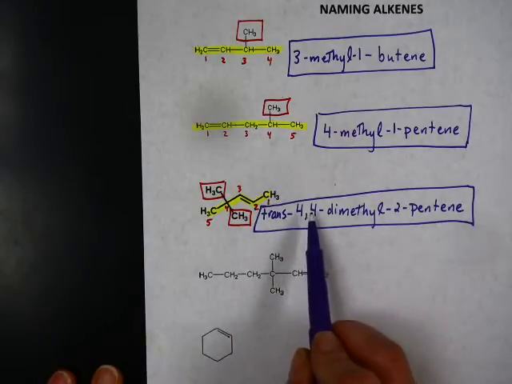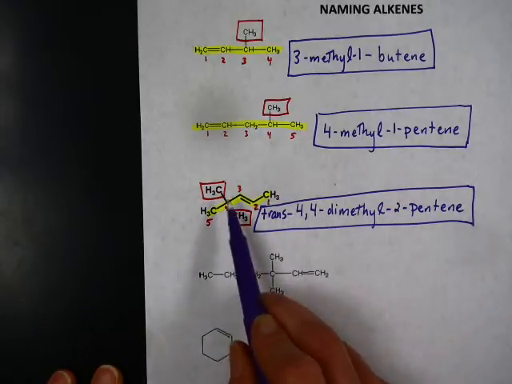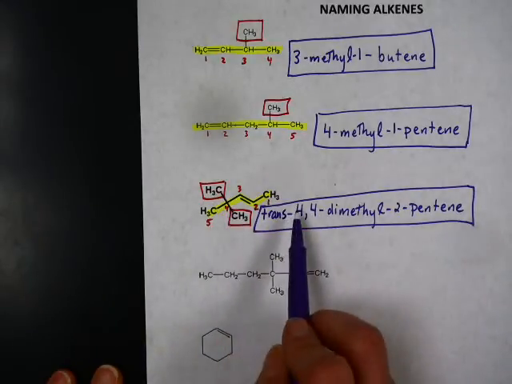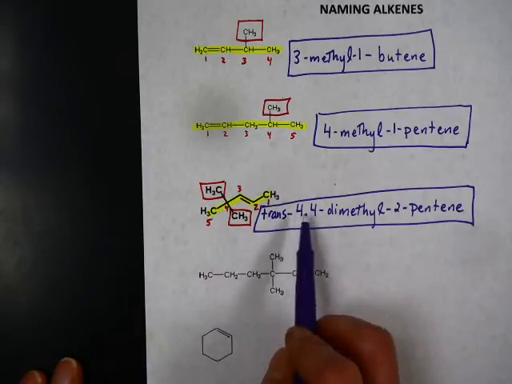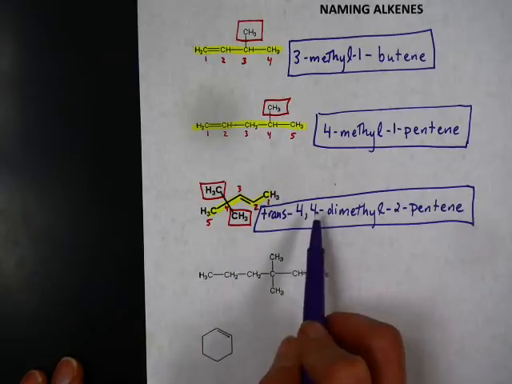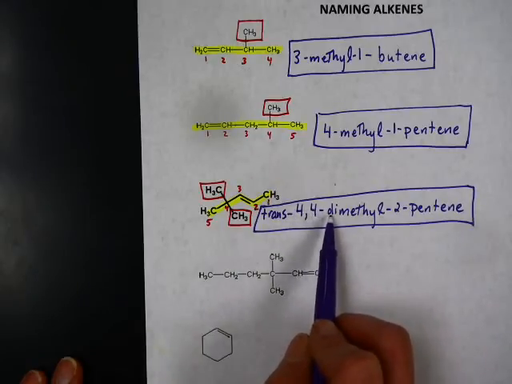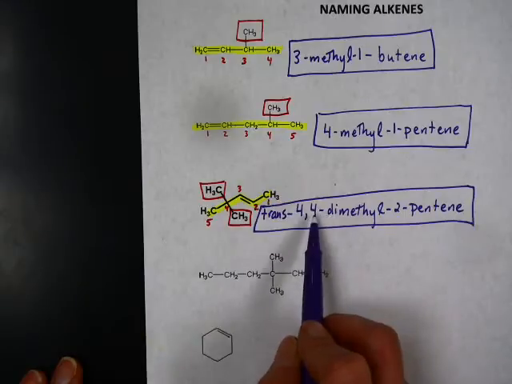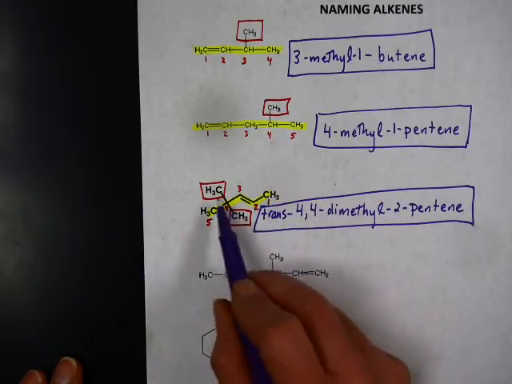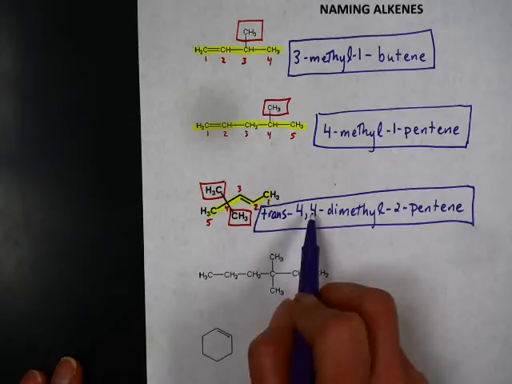Don't worry about the fact that we put two 4s. Methyl on 4, another methyl on 4. They each get their own number, own address, we sometimes say. If this is a di, then you need 2 numbers, even if they're the same. If this is a tri, then you need 3 numbers. However many groups, they each need their own number, own address.